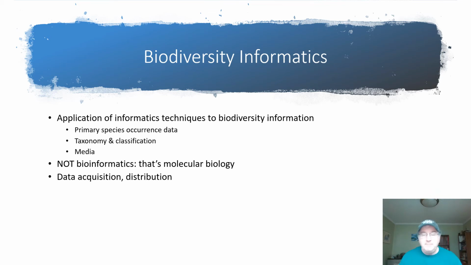And media can be data elements in there too. And so basically it's using informatics techniques to go from data to actually understanding what's going on, to use these techniques, agglomeration of data, pulling it apart, analyzing it. There's a whole range of techniques that you can use.